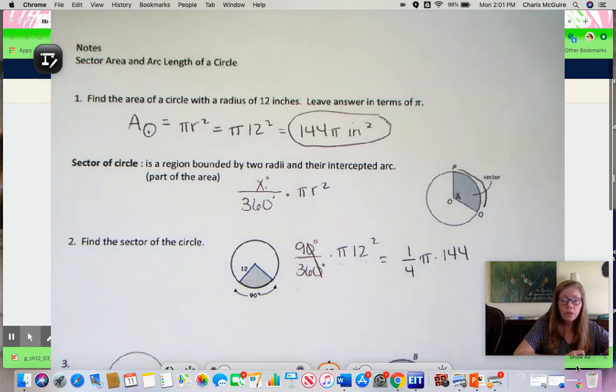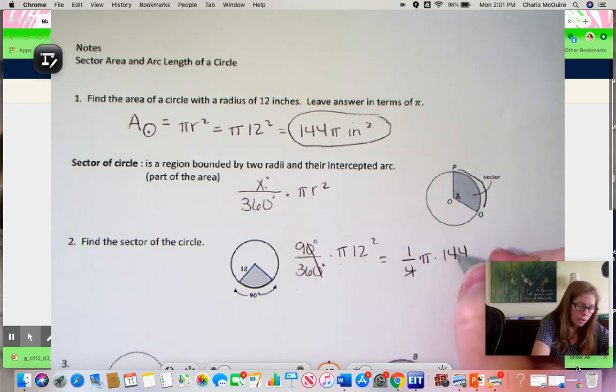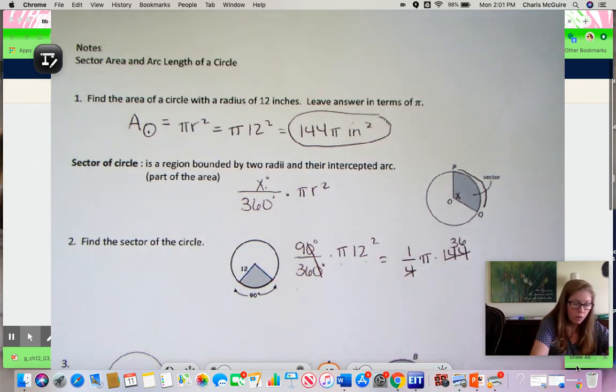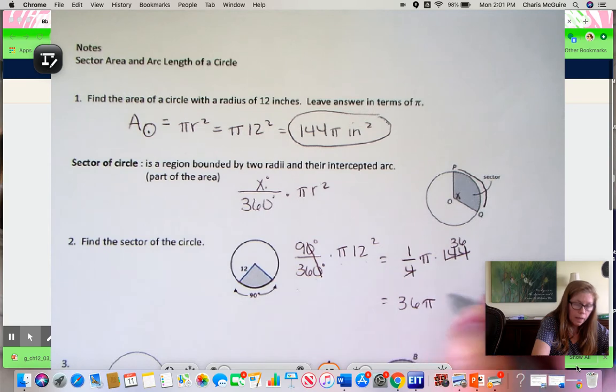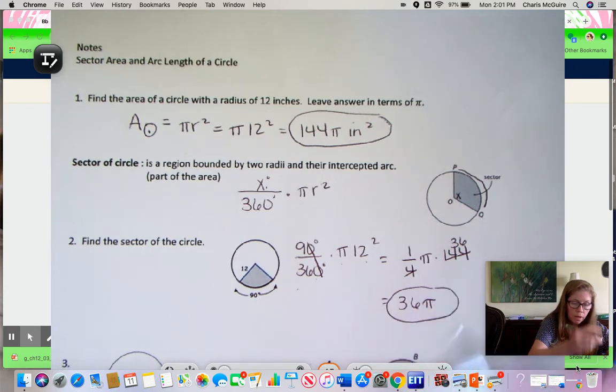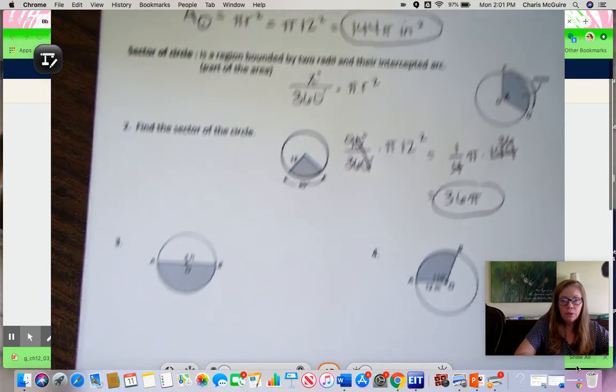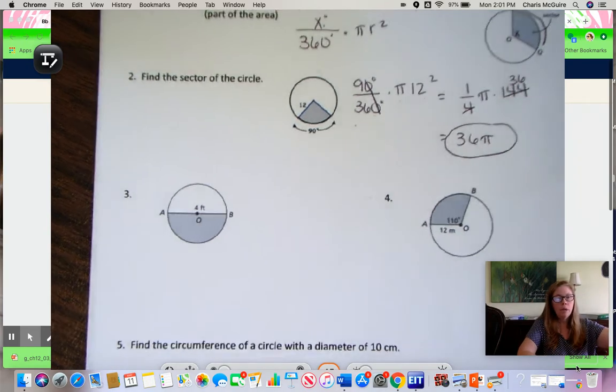And 4 does go into 144. It does 36 times. 36 times 4 is 144. So our final answer here is going to be 36 pi. And this is area. It didn't give us units here on this one, so we're just going to leave it as 36 pi. All right, why don't you go ahead and try number 3.